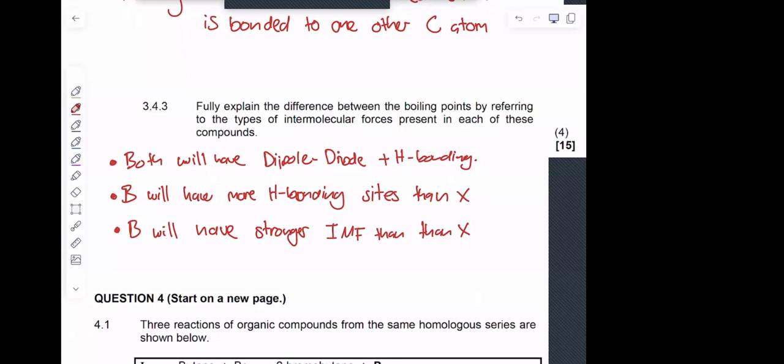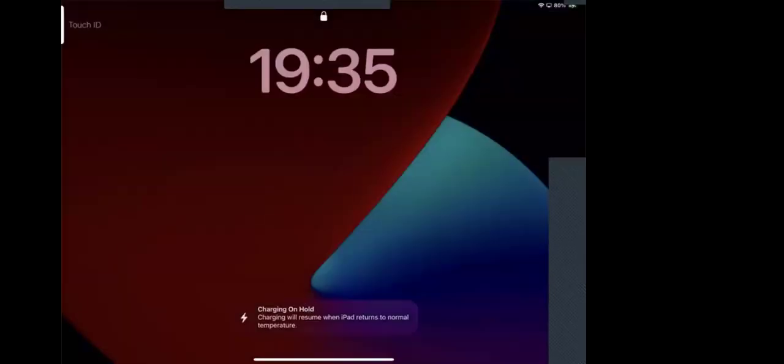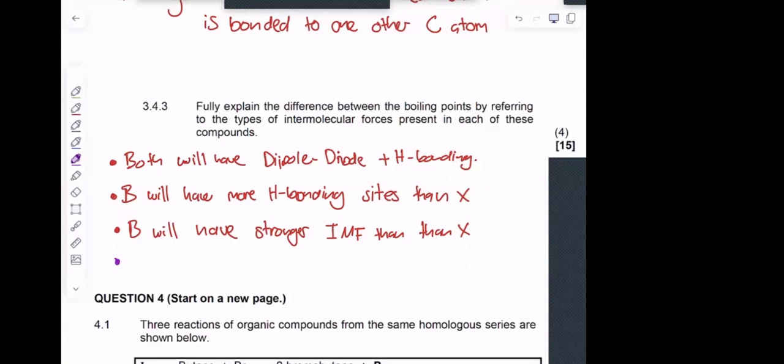Yeah, so the stronger intermolecular forces mean more energy is required to overcome them, and that leads to the higher boiling point, right? Intermolecular forces.